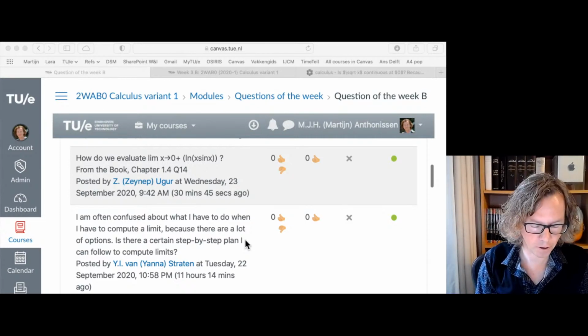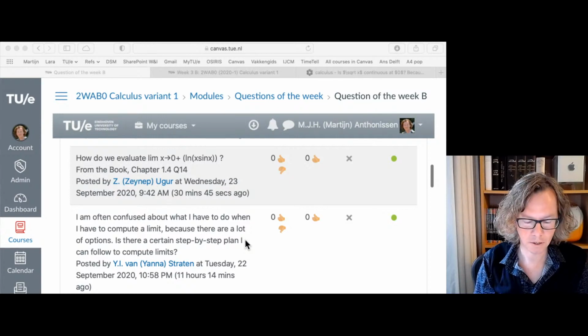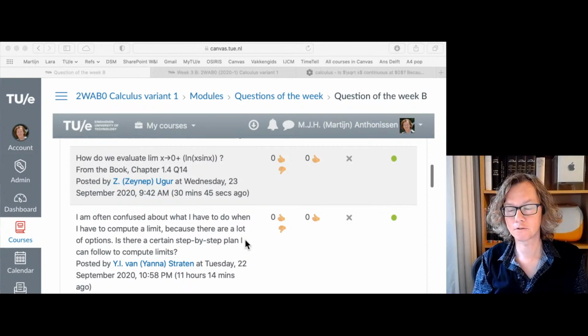If I read it correctly, we're being asked for the limit of x going to 0 from the right of ln x times the sine of x. Please correct me if this is not what is actually being asked, but as I said, question 14 is different in my book.